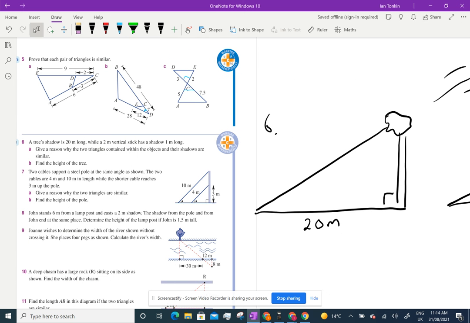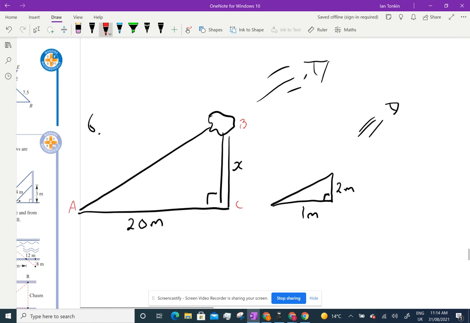Give a reason why the two triangles are similar. Find the height of the tree. So I'm going to put an x for the tree. I'm now going to label it: I'm just going to call that A, B, C, and this D, E, F. Now, how do I know that they're similar? Well, the angle of elevation is the same.